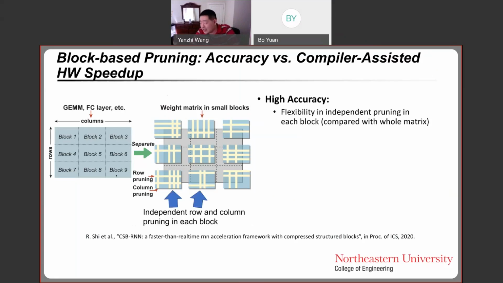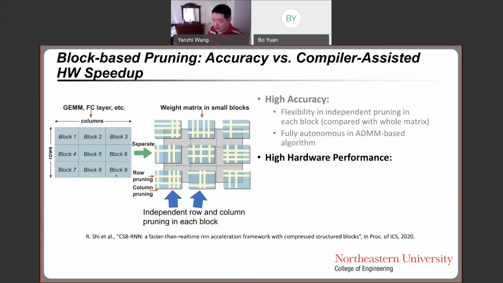This has higher accuracy compared with the case when we eliminate whole rows and whole columns together. The second is that it has high hardware performance. To analyze the hardware performance of block-based pruning, it is beneficial to understand why this kind of fine-grained pruning can achieve the highest possible hardware performance.